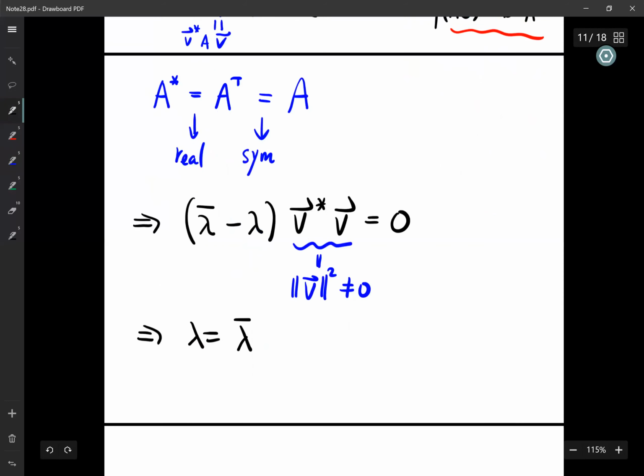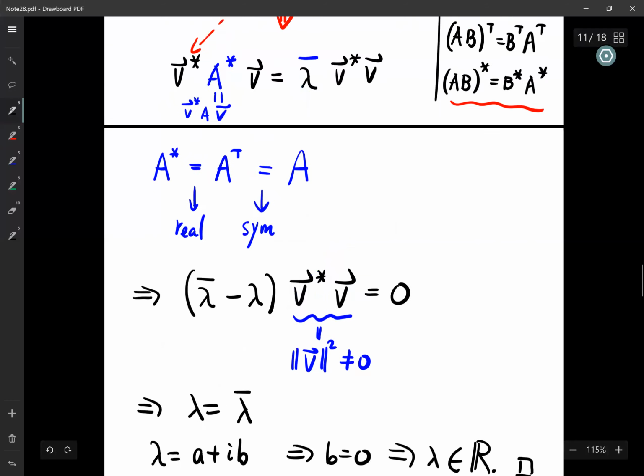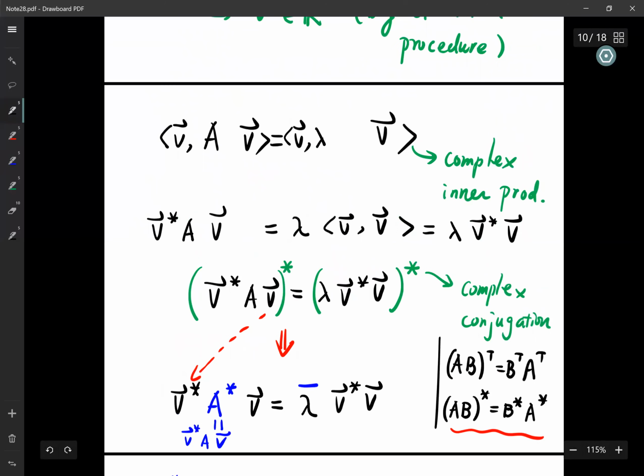What does lambda equal to lambda bar mean? If the real part of lambda is a and the imaginary part is b, then lambda equals lambda bar just means that b is 0. So the imaginary part is 0, which means that lambda is real. I would say this argument is a little bit more abstract and seems quite technical. I acknowledge that.